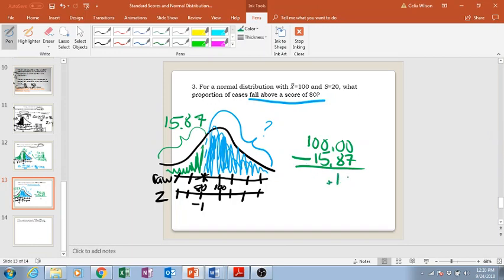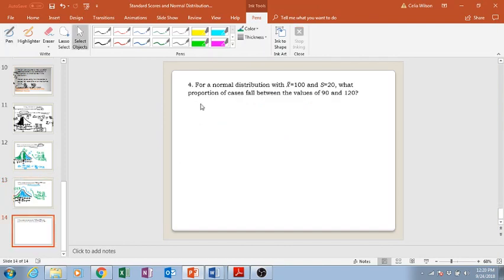Well, we know we're going to have 13 left. And then what would that be? 84? You check that on your calculator just to make sure. 100 minus 15.87 is 84.13. Yep. So this here that they're asking for is your 84.13. All right, so we're getting faster at it, right? We're getting better and better. Let's look at this one. This is our last one. All right, so again, normal distribution.